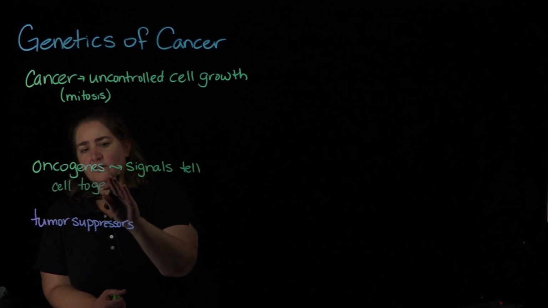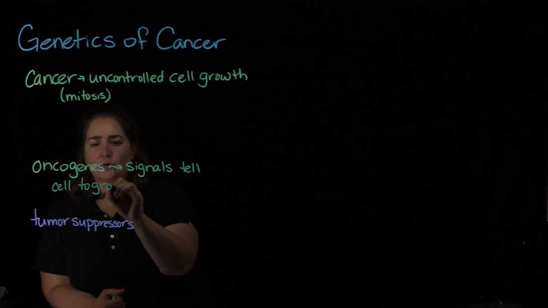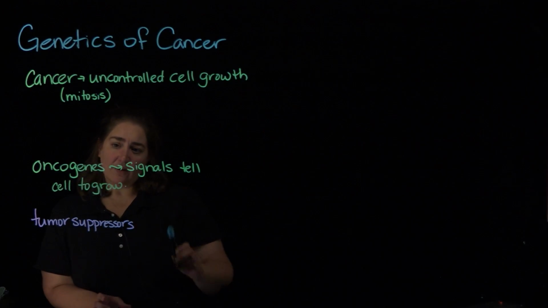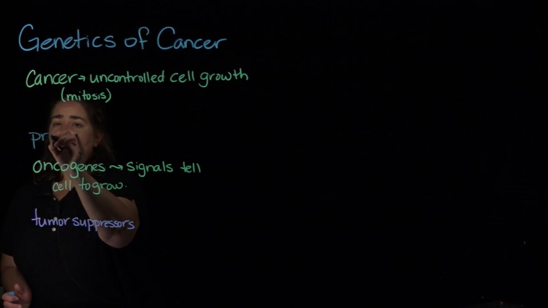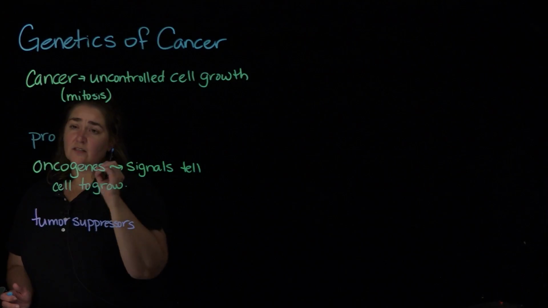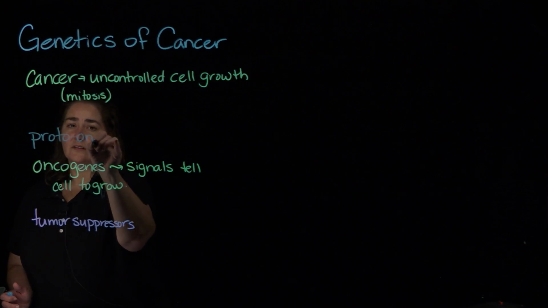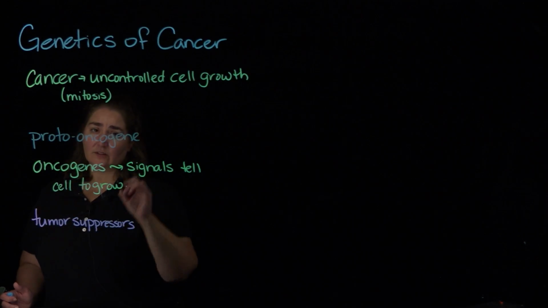Okay? Oncogenes are going to be signals to the cell to tell that cell to grow. Okay? And the key about oncogenes, okay? An oncogene is a mutated version of a proto-oncogene, okay?